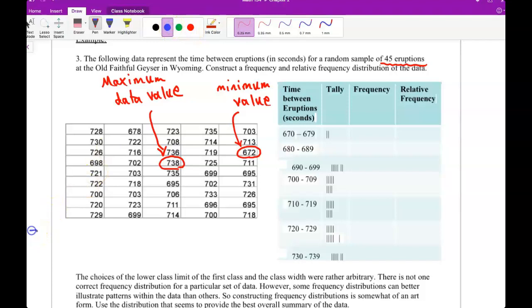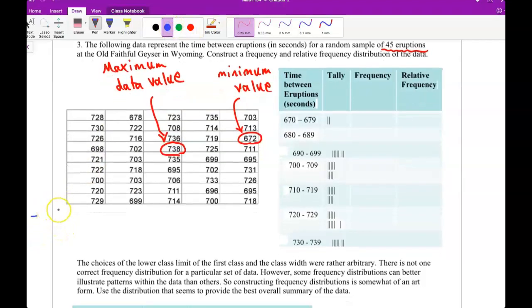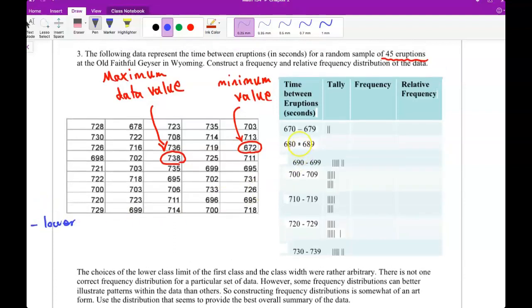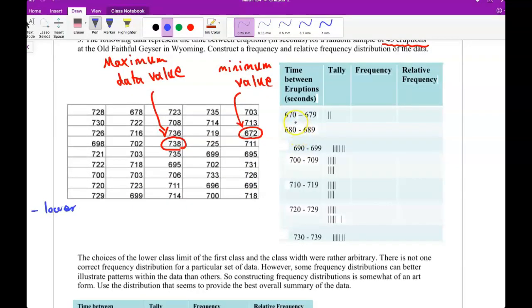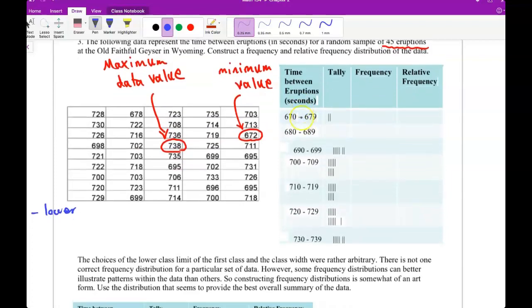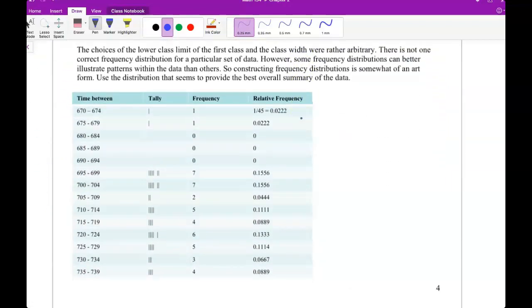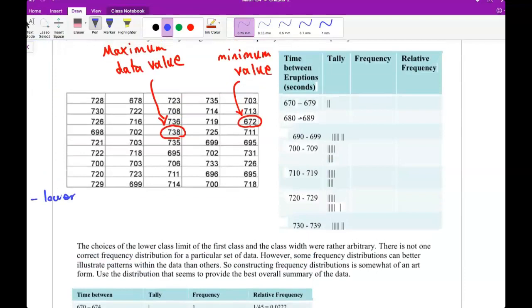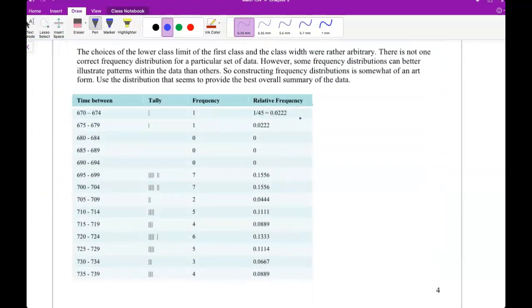The point is that when you want to construct all these classes, the lower class limit of the first class and the class width are arbitrary. So what that means is you can choose a different class width to have different classes here.